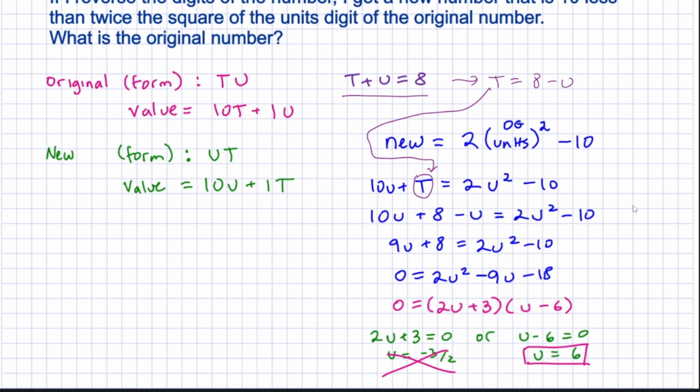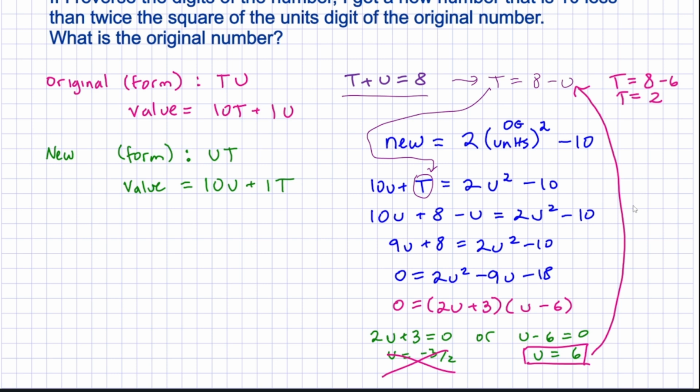Now we have to make sure that we actually answer the question. The question is asking, what is the original number? U is only the units digit of the number, so we need to find the tens place as well. Thankfully, we had this equation that told us that t is 8 minus u, and we know u, so t is 8 minus 6, and so t is 2.